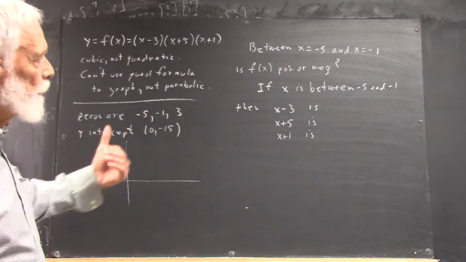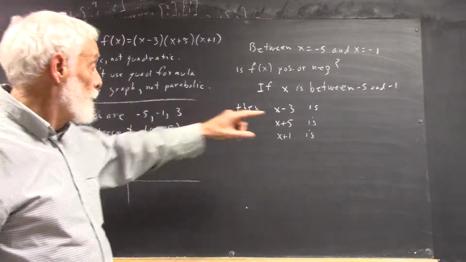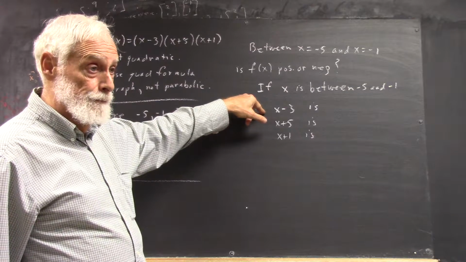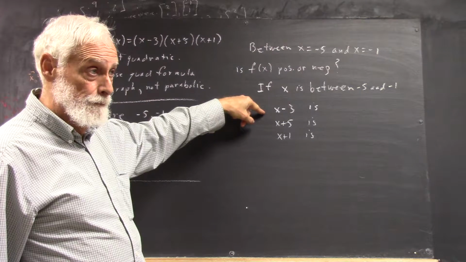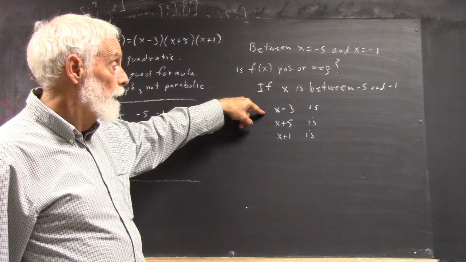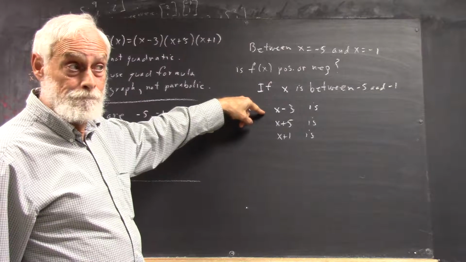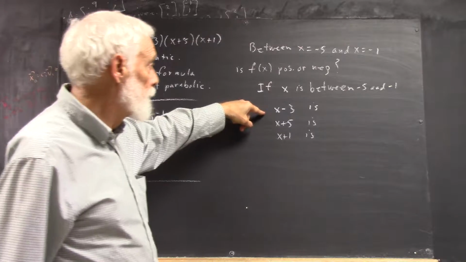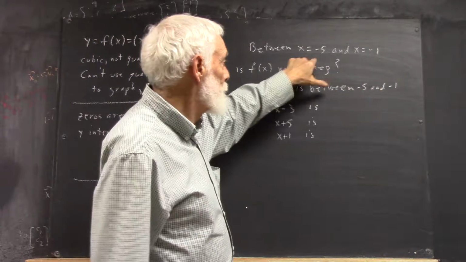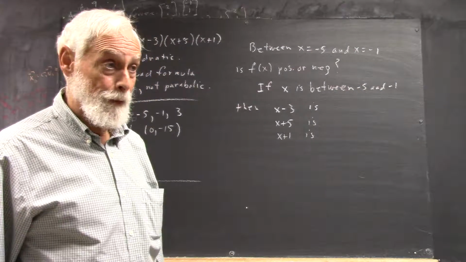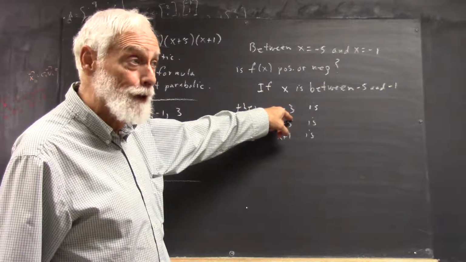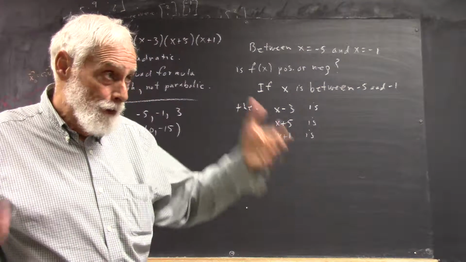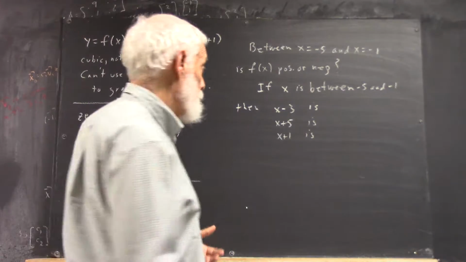Okay, if x is between -5 and -1, can you tell me what the sign of x minus 3 is? It's going to be a negative. It's got to be negative? I agree. Okay? Because, among other things, anything between here and here is negative, right? If I add a negative to -3, I'm still going to get a negative, right? Okay? Now there's a more sophisticated way to reason that out, but just thinking about what the numbers are, you can figure that out. This is negative.